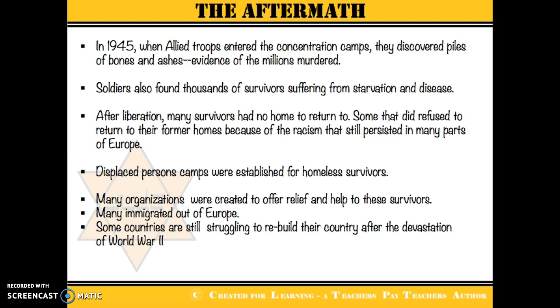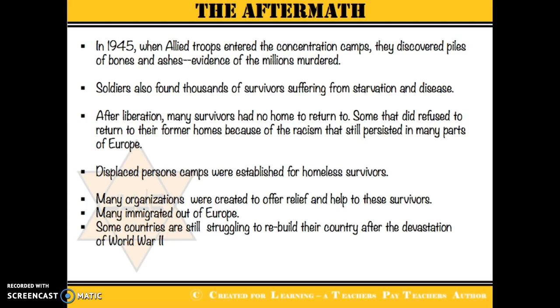The aftermath of World War II. In 1945, when Allied troops entered the concentration camps, they discovered piles of bones and ashes, which was evidence of the millions of people that were murdered. So this made it really hard for Nazis and Germans to deny what was going on because there was evidence that was found. Soldiers also found thousands of survivors suffering from starvation and disease.